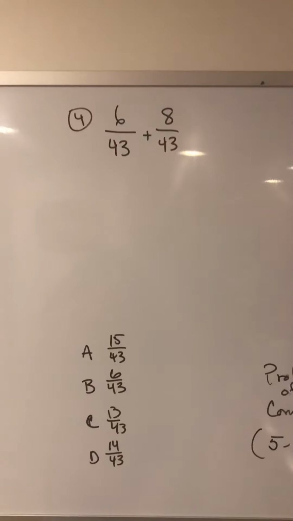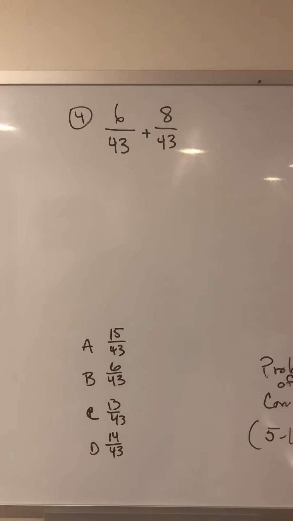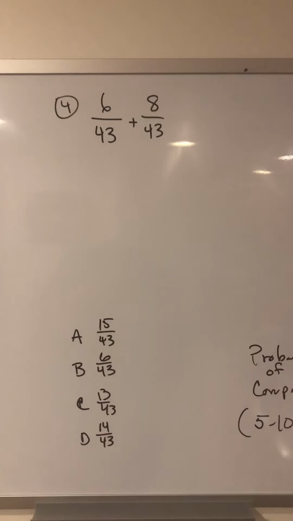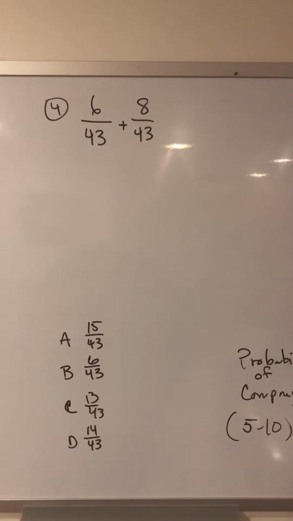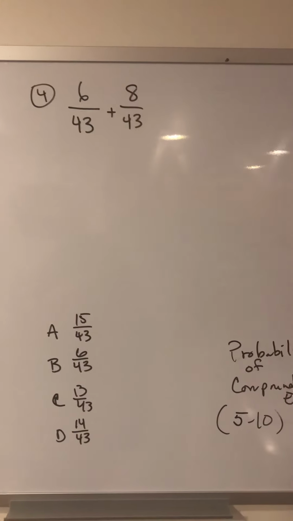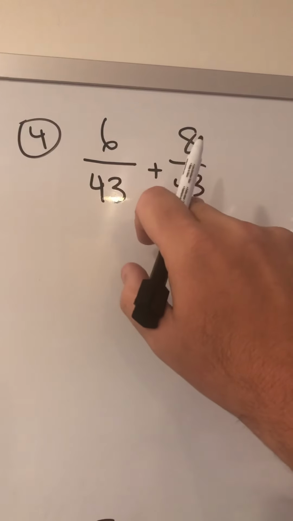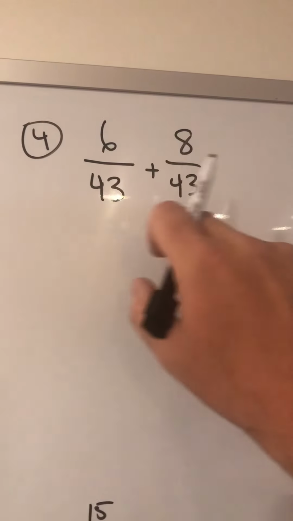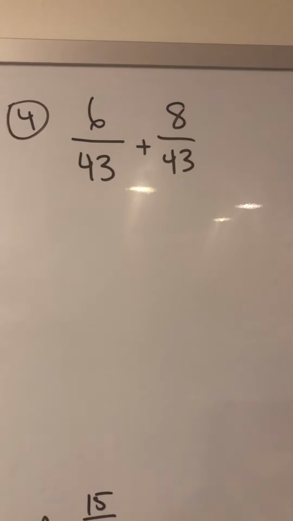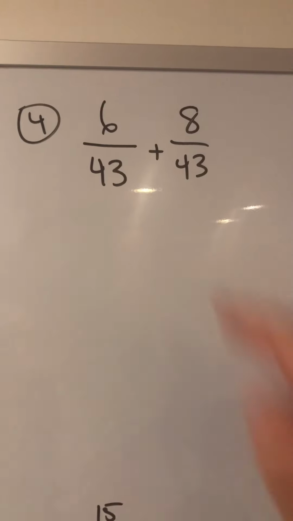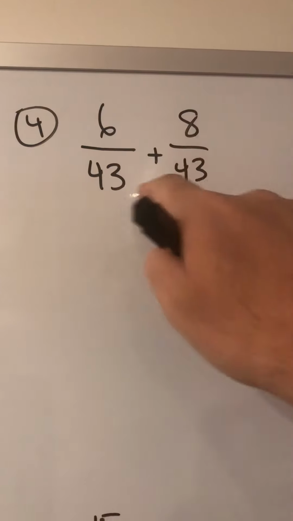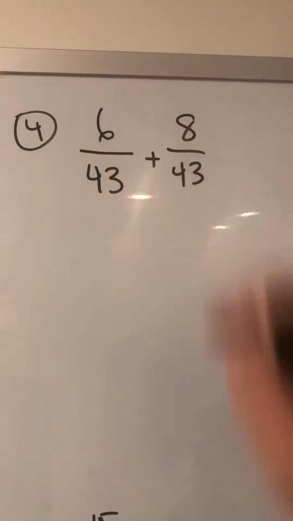And number 4, these are independent of each other. You're rolling a die 43 times. What's the probability that you would roll a 1 or a 2? So when you do probability like that, you have to add those. Well, there's 43 total rolls of the die if you add up that right-hand column. And I noticed that we rolled a 1 6 times and a 2 8 times.